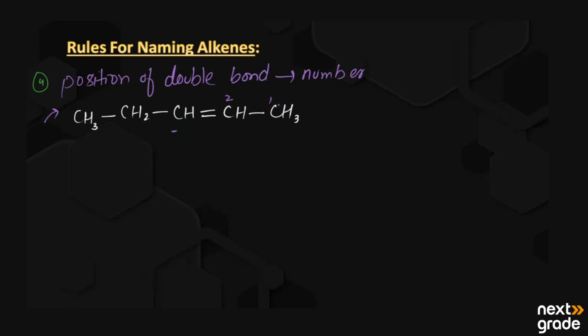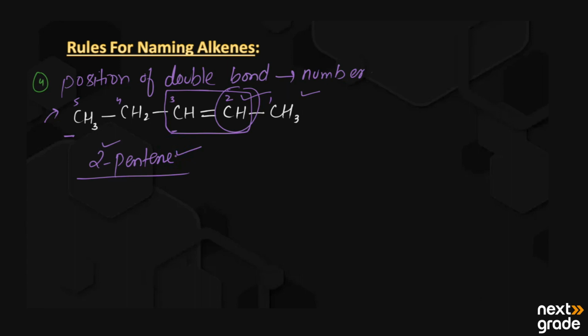So we will start the numbering where the double bond carbon gets the lowest number: 1, 2, 3, 4 and 5. Here the double bond is between carbon number 2 and 3, and the total number of carbon atoms is 5. So the parent name will be pentene and we will write it as 2-pentene. What is the reason behind that? Because carbon numbers 2 and 3 have the double bond. So we give the number 2, which is the lower number, and then we have the parent chain name.